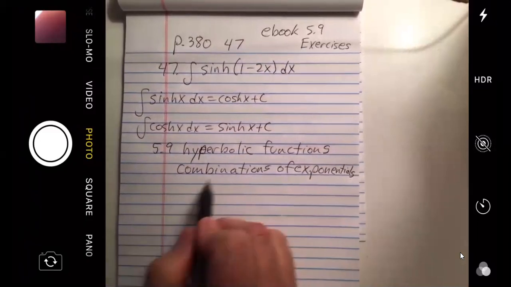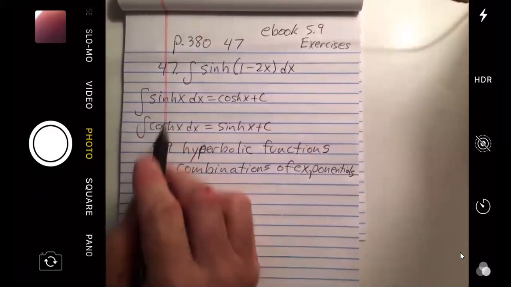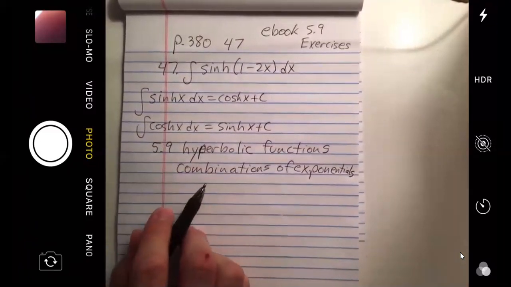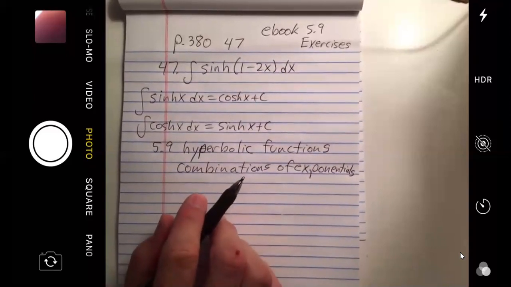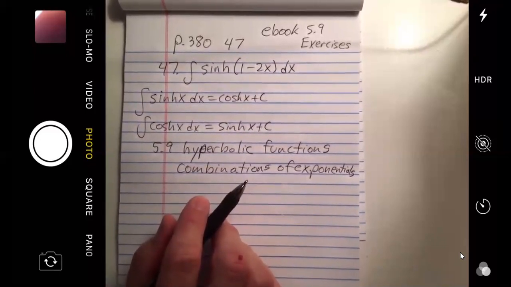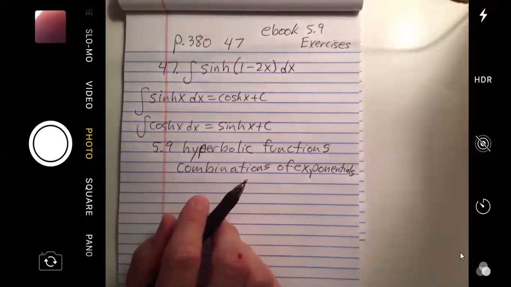The little trig in front of them, like sine H, cosine H, is there because there are a lot of parallels to trigonometry in the sines and everything, and when you take derivatives, etc. But it's not perfect.